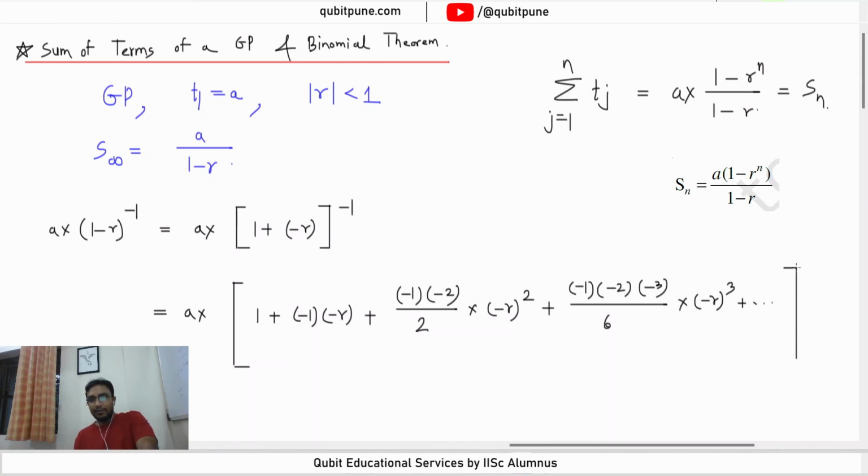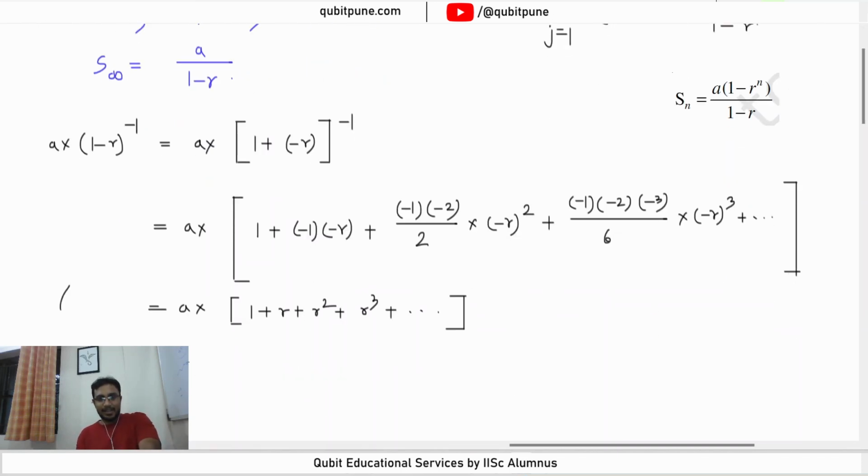So if we do this, we will find that this expansion is literally 1 plus r squared plus r cubed plus so on. And what is that? That is nothing but GP, a plus ar squared plus ar cubed. Right?